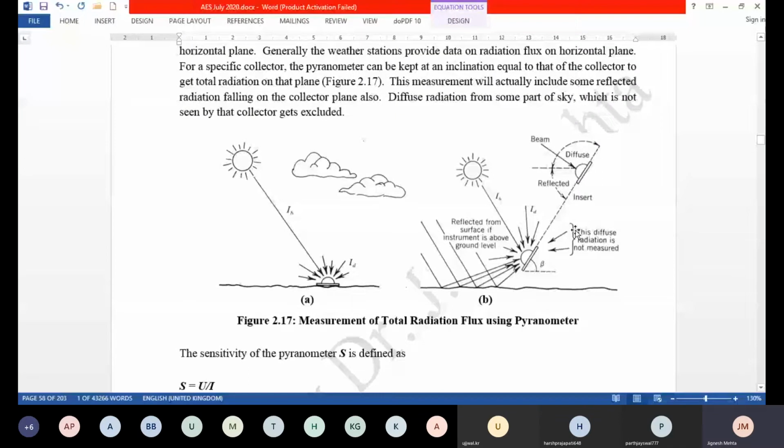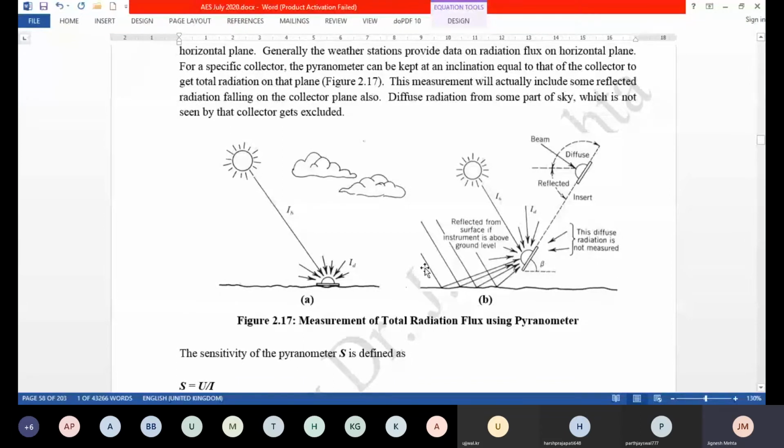Now, as you can see here, they have shown the reflected radiation. Now, how much is falling on the ground? It is the total radiation, that is sum of beam and diffuse, falling on the ground. Now, what part of it is reflected? It depends upon the reflectivity of the ground. So that is expressed with the symbol rho.